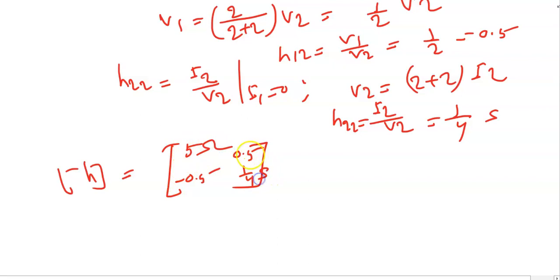This is in Siemens, and the 0.5 and minus 0.5 are unitless, because they are a ratio of voltage or a ratio of current.